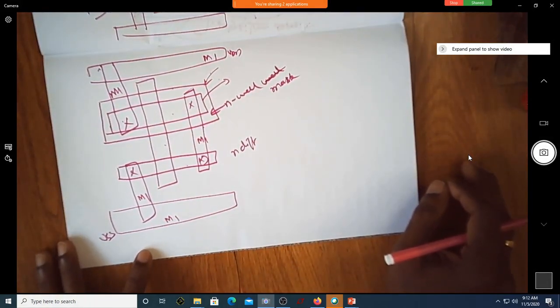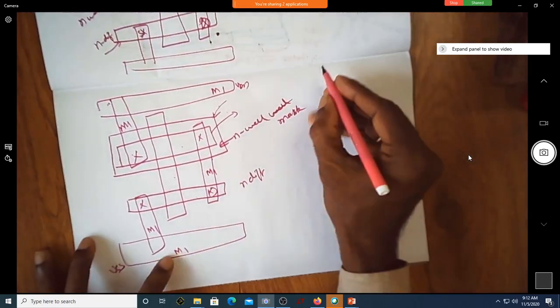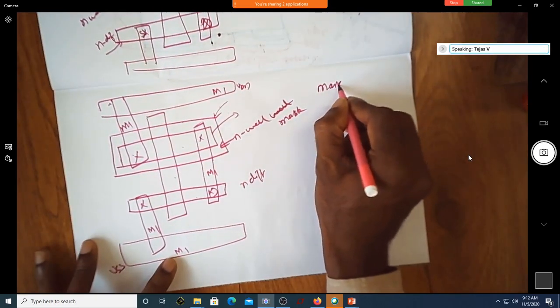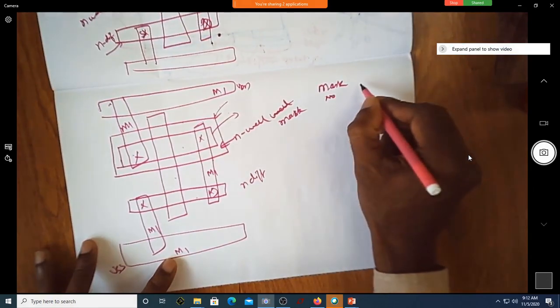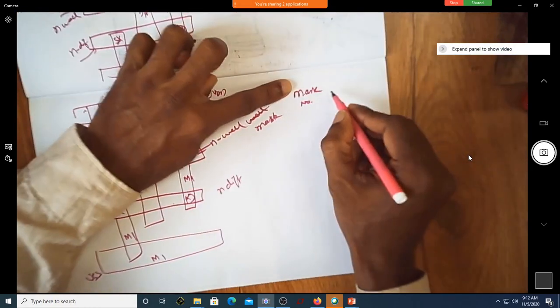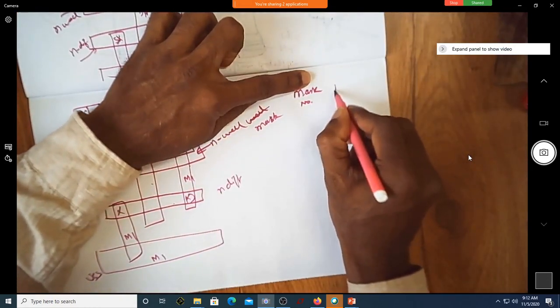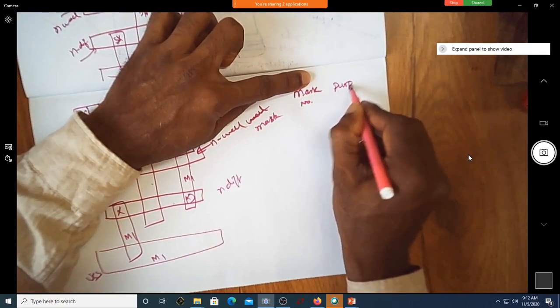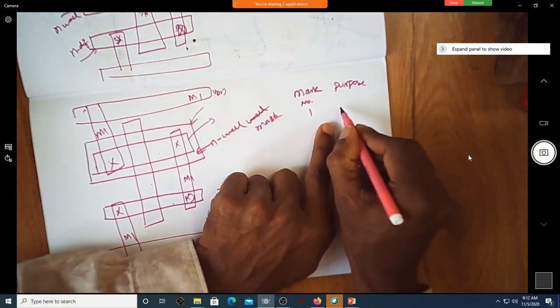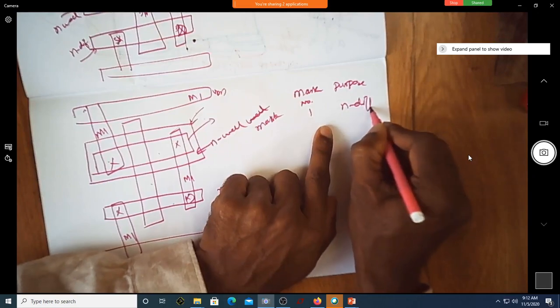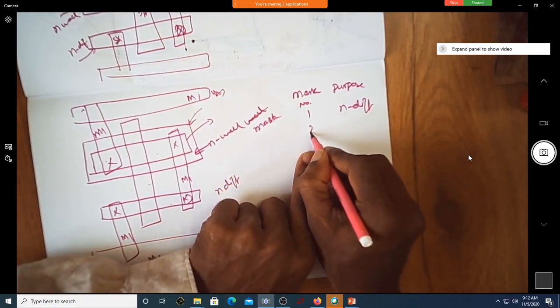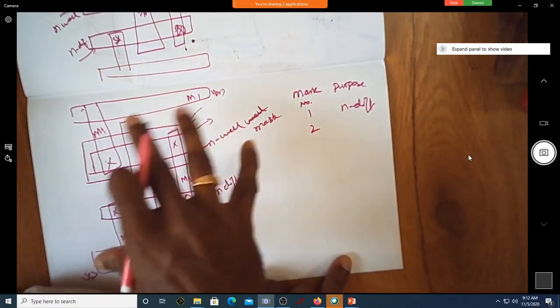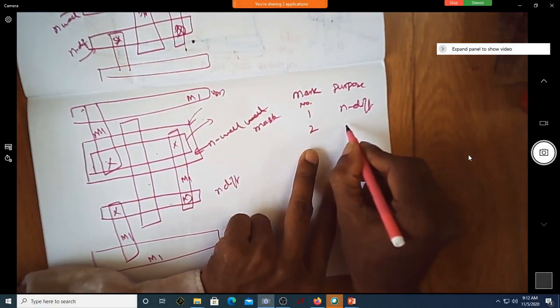Getting the point? Yes. Suppose you define the mask numbers, what will be the purpose? Mask number 1 is for N diffusion. Correct? I'm just giving as per this layout. Mask number 2 is the N well.